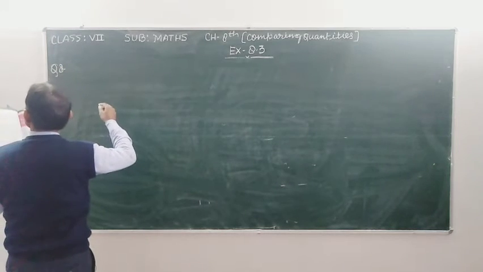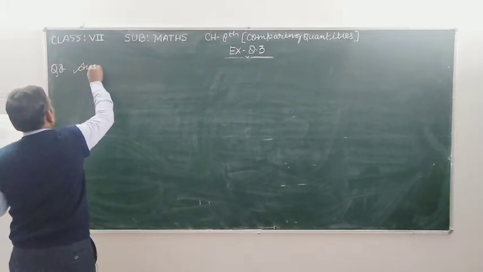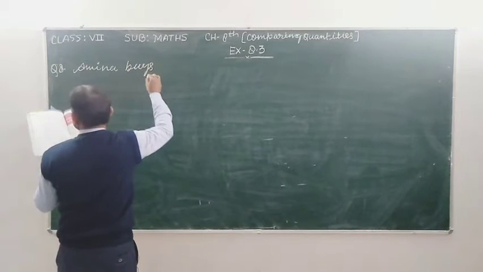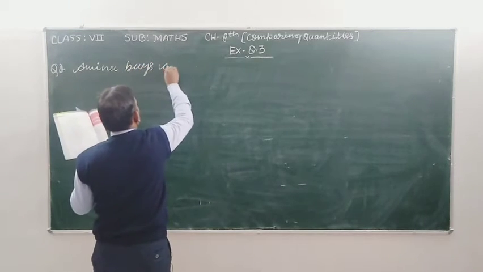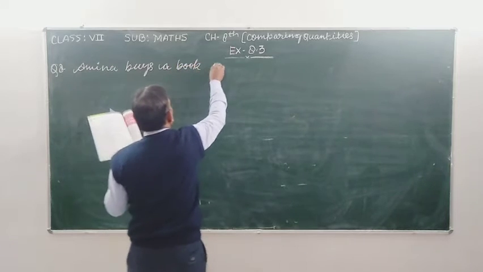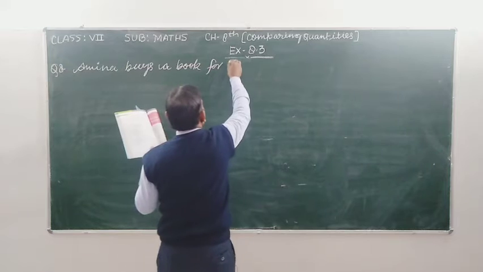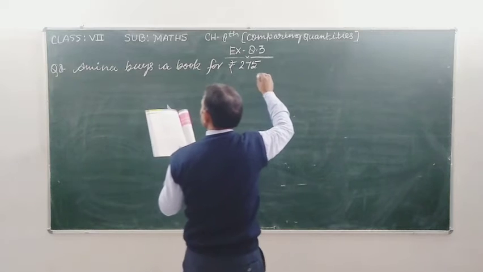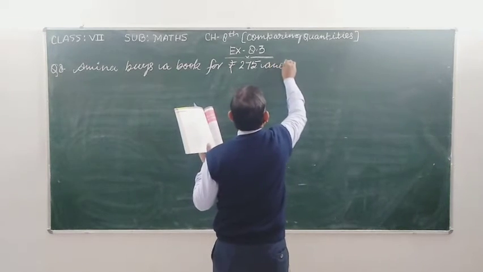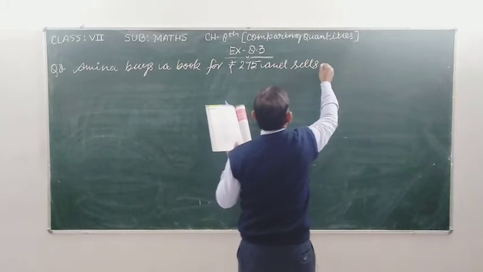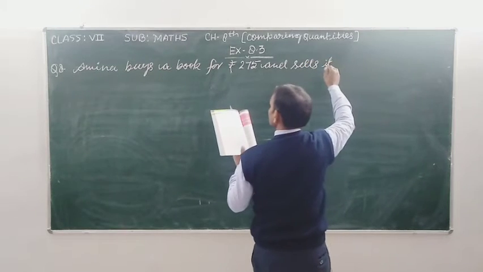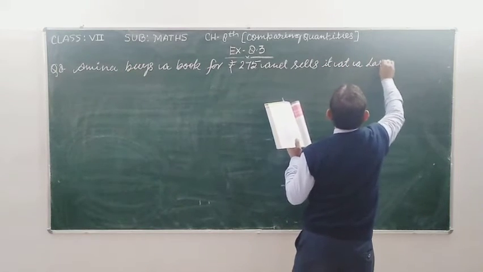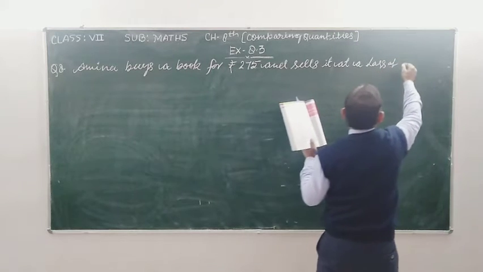Question number 8 I am writing: Amina buys a book for rupees 275 and sells it at a loss of 15%.